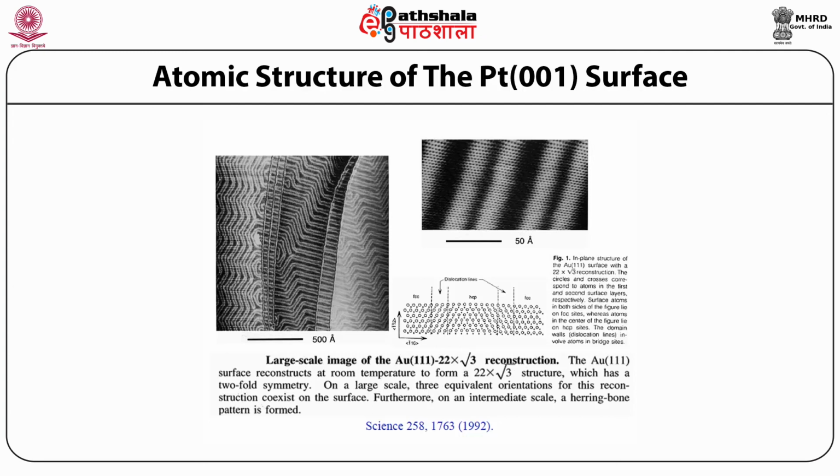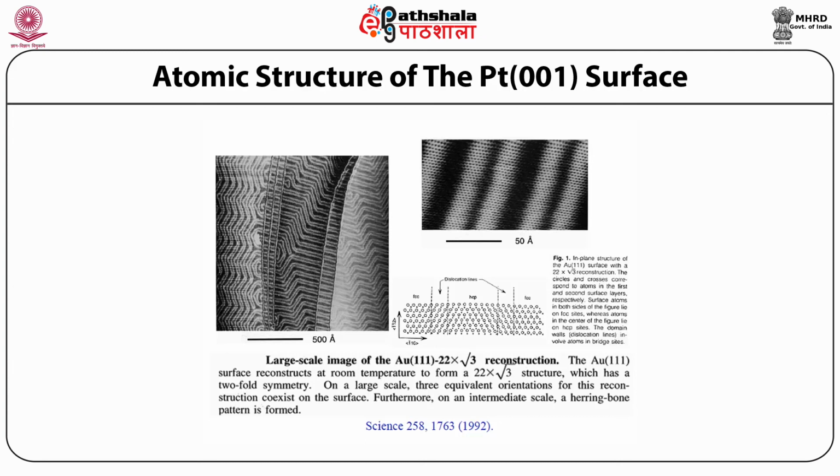And here surface atoms on both sides of the figure lie on the FCC sites, whereas atoms in the center of the figure lie on HCP sites. The domain walls, or dislocation lines, involve the atoms in bridge sites.